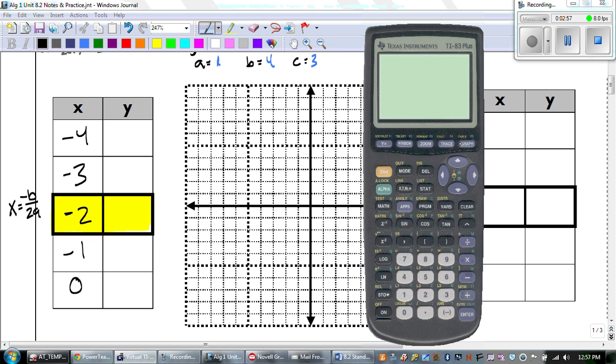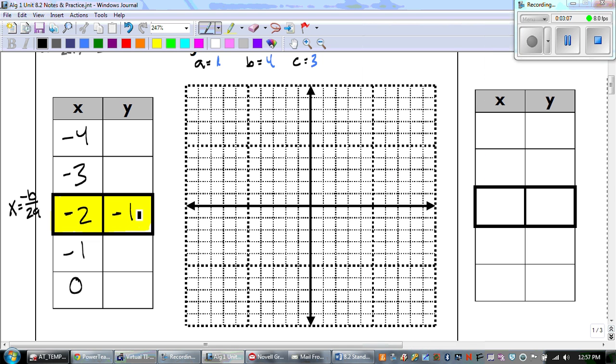As I'm looking at that now, I find my vertex. You can see where I'm highlighting negative 2. That tells me the rest of the points: negative 2, negative 1, and then 0, 3, and 0, 3, because these guys match and those match.